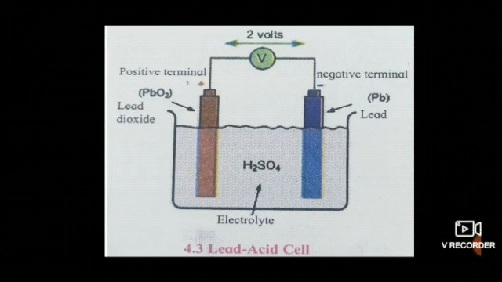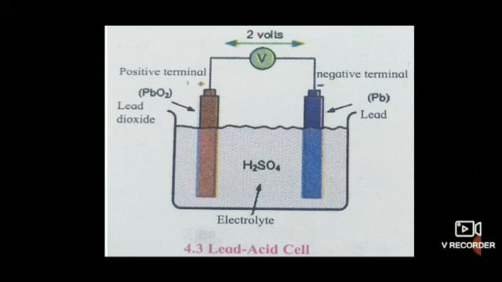Second type is the lead acid cell. Lead and lead oxide, the active materials on the battery's plates, react with sulfuric acid in the electrolyte to form lead sulfate. When the battery recharges, the lead sulfate first forms in a finely divided amorphous state and easily gets converted to lead dioxide and sulfuric acid.